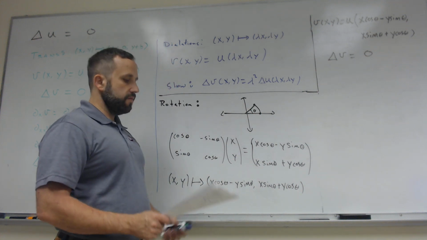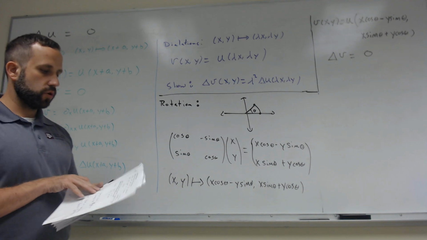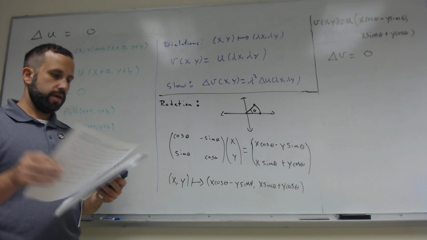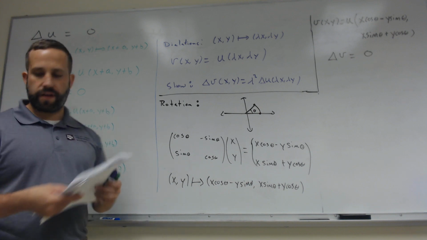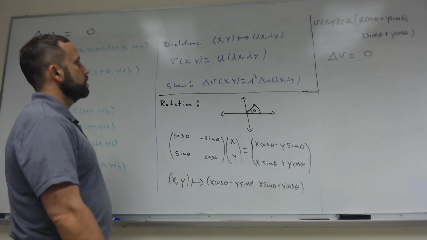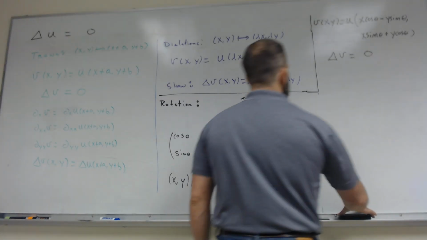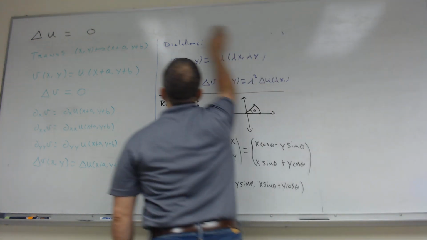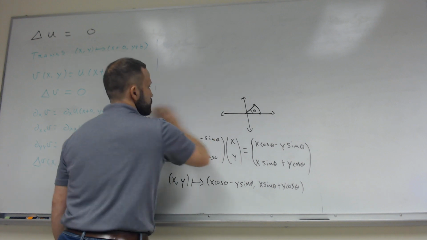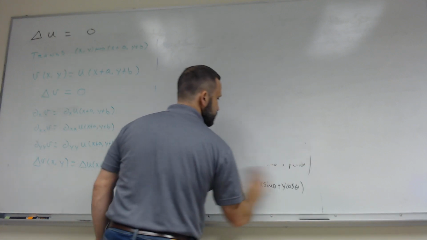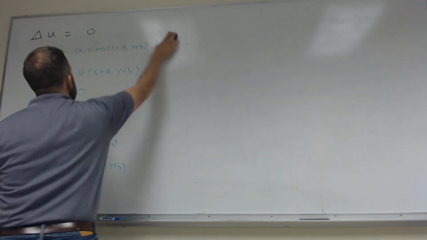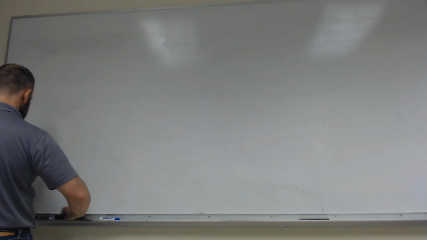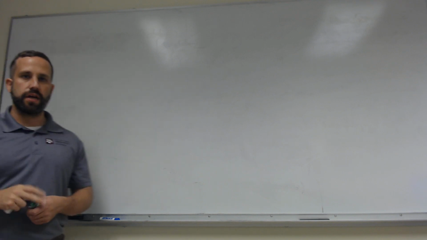Okay, so given the structural regularity of the Laplacian, meaning it's invariant under rotations, then it makes sense that perhaps we can find a solution that is also invariant under rotations. I mean, it makes sense that the solutions to the problem should have the same sort of properties as the equation itself. Okay, so what do I mean when I say a solution that is invariant under rotations?